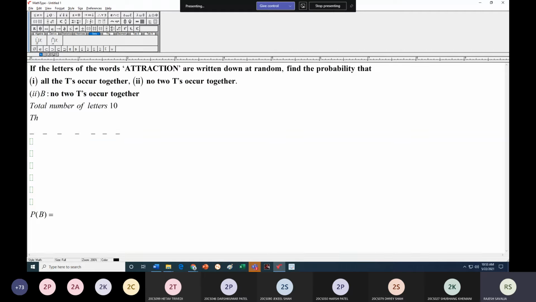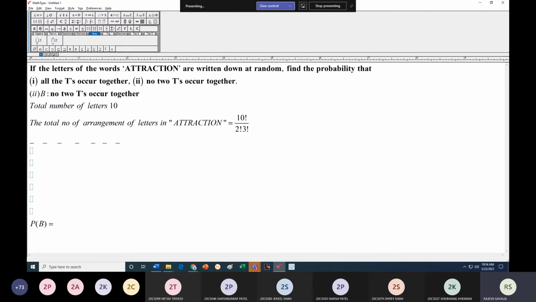Next, the total number of arrangements of the letters of attraction equal to 10 factorial divided by 2 factorial into 3 factorial.